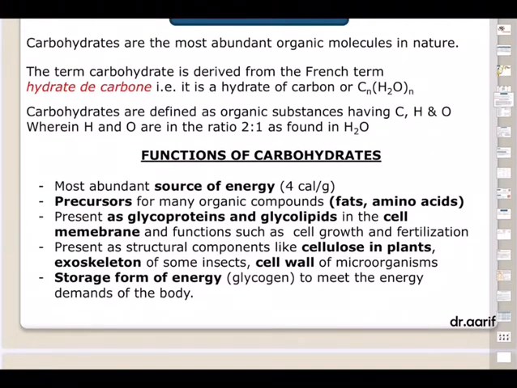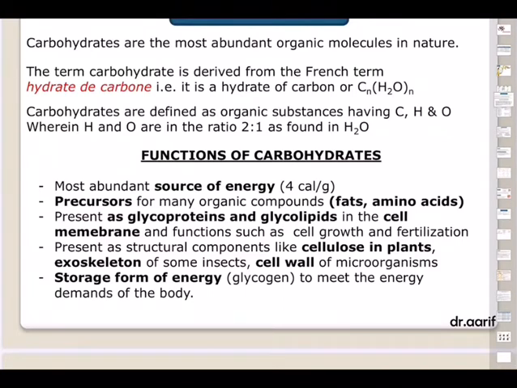Coming back to carbohydrates, the functions of carbohydrates: the most abundant source of energy, precursors for many organic compounds like fats and amino acids, present as glycoproteins and glycolipids in our plasma membrane or cell membrane. Remember that we discussed recently the structure of our plasma membrane, and it is also responsible for cell growth.